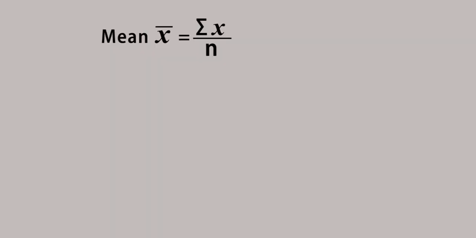Glennis. We add the numbers and divide by the total number of items. Then we use the formula x bar is equal to sigma x over n.